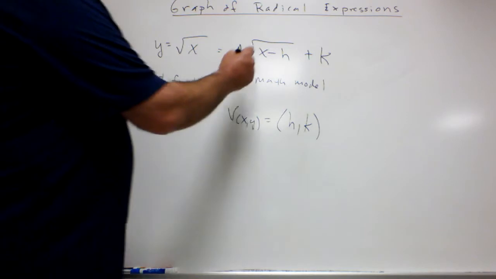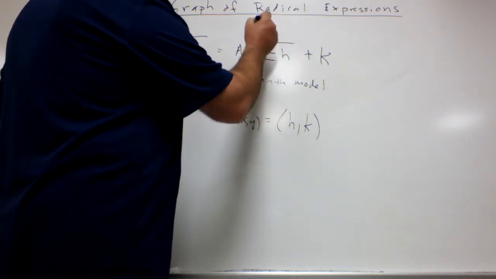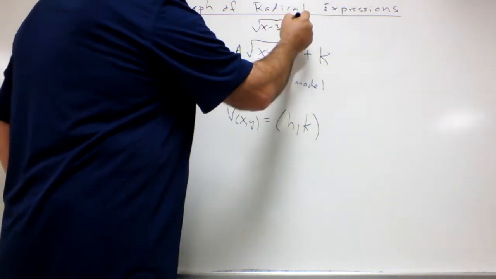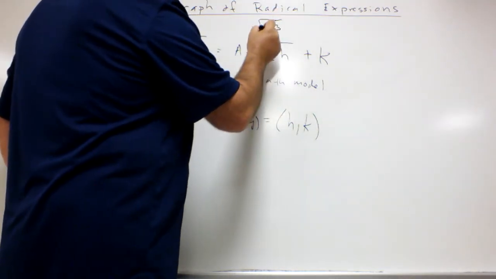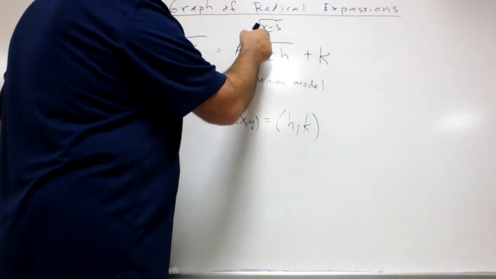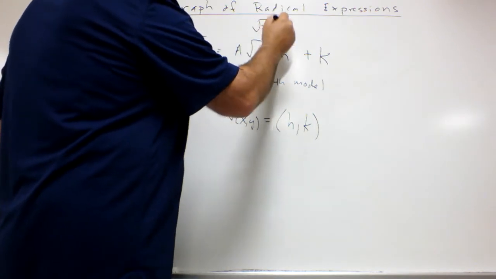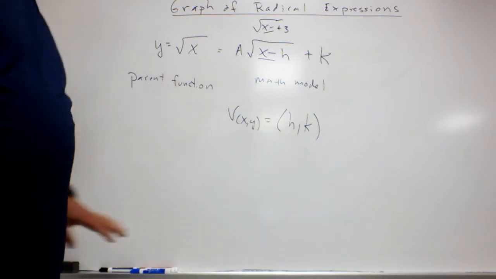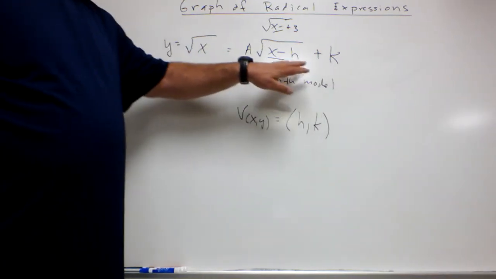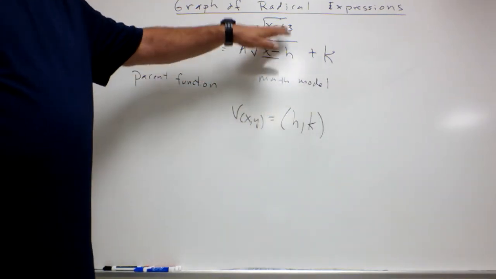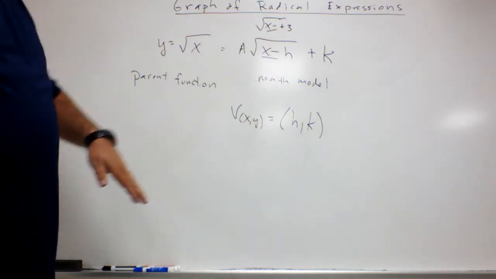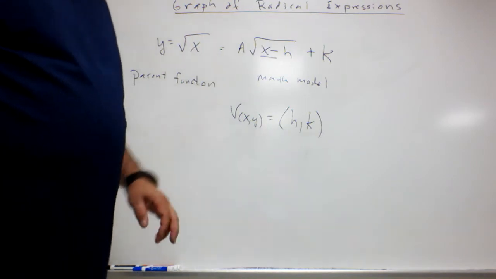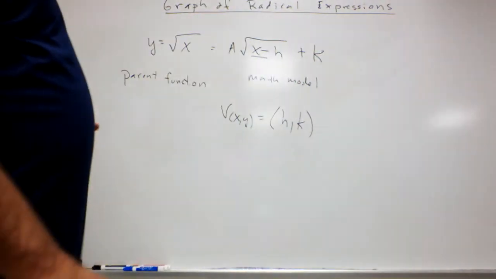If we have something like x minus 3, the math model calls for x minus, so this 3 is really a positive 3 for h. k stays the same, but h we have to be careful of, and we want to use the opposite value of it.